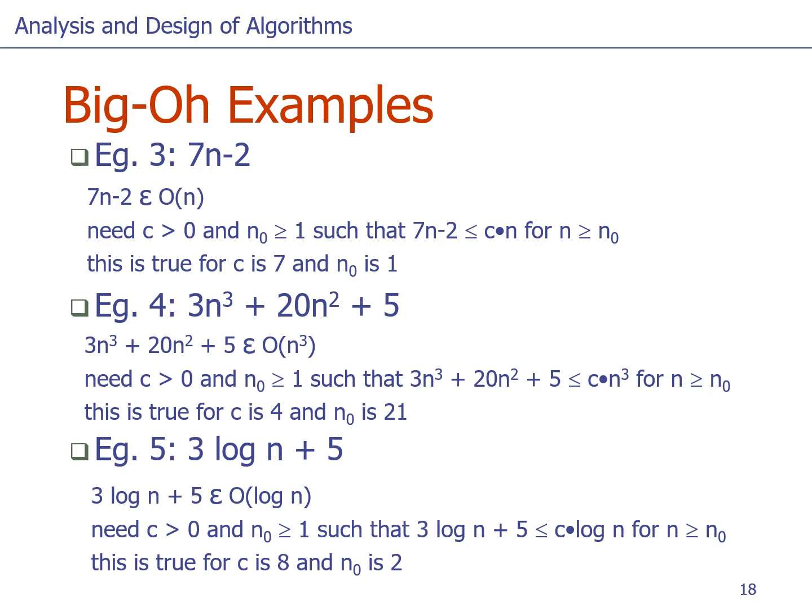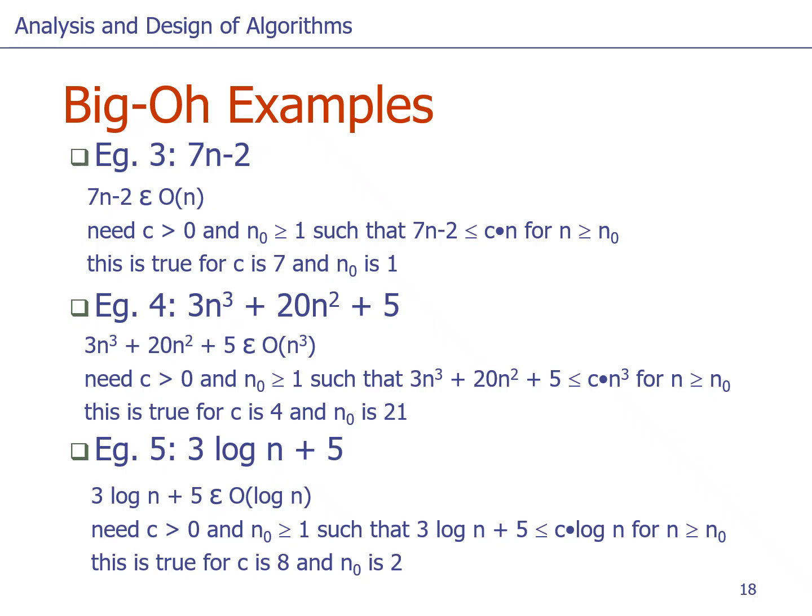So this is in O of log n. Now again, I need to find a constant to multiply by log n, so that the constant multiplied by the log n curve is above, on the chart, 3 log n plus 5 after some n value.